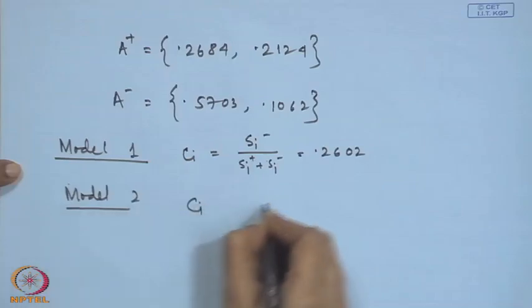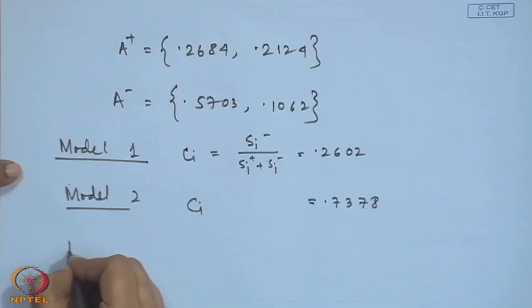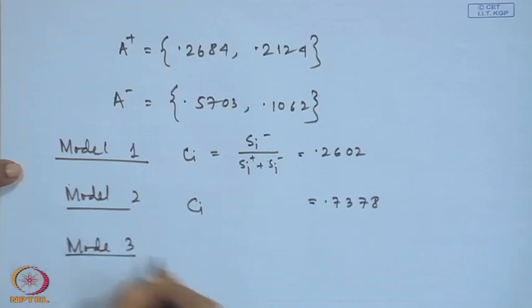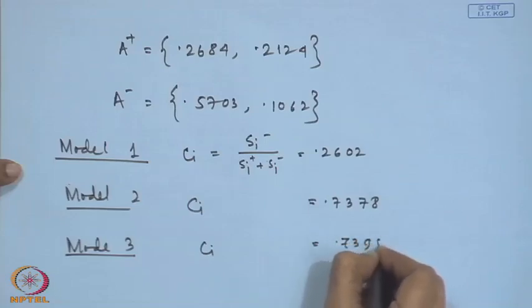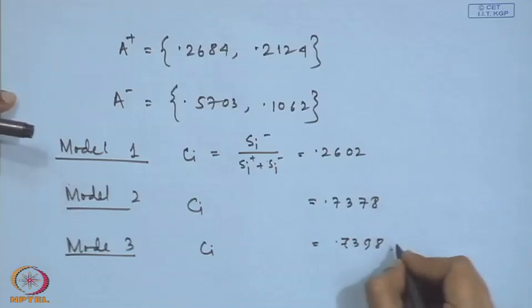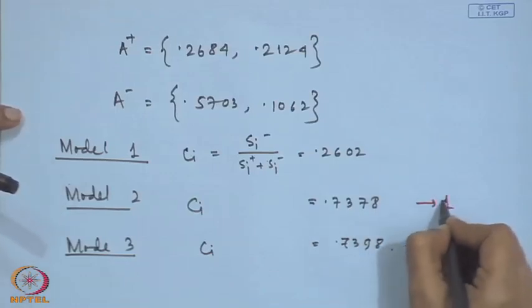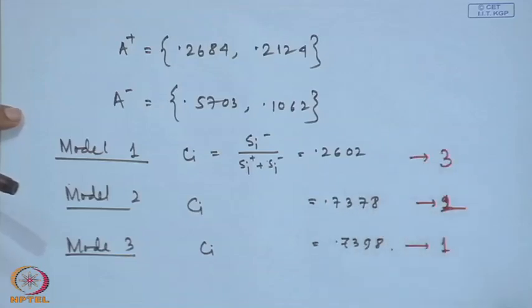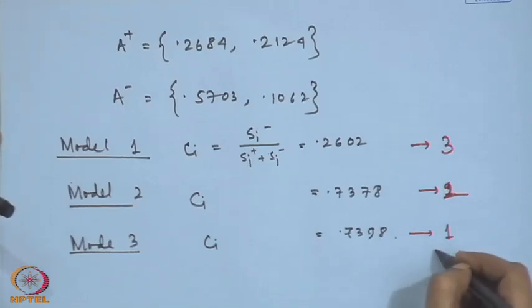For model 2, the C i value will come as 0.7378, and for model 3, the C i value will come as 0.7398. Thus, we conclude that model 3 is more preferable than model 2, and then model 1. This is the ranking, and thus we should select model 3 with the TOPSIS method.